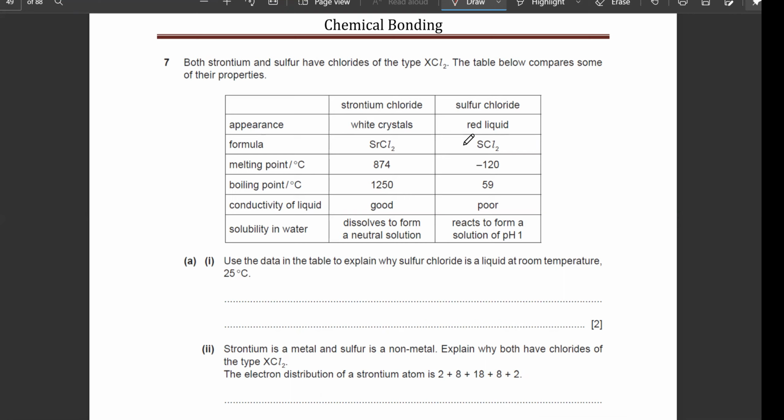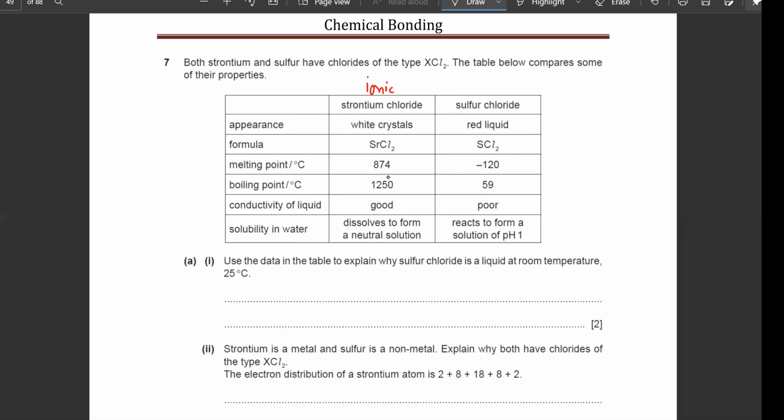If it's a non-metal, it would form a covalent molecule and be in group 6. And if it's a metal, then it would be in group 2. Anyways, which one is ionic and which one is covalent, based on the properties? You've got a high melting point. So is this ionic or covalent? Ionic.